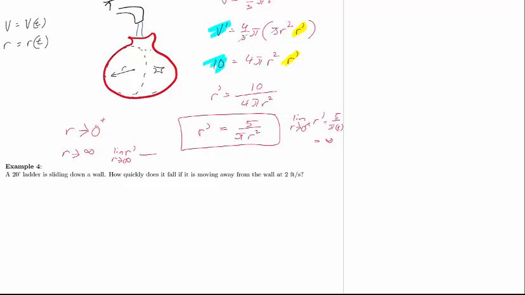Well, then this is going to be 5 over pi times infinity, which is a really tiny number, which we'll just call 0, right? So it's pretty consistent. When the radius is small, the balloon fills quickly, and then as the radius of the balloon gets really large, it increases slower and slower and slower.